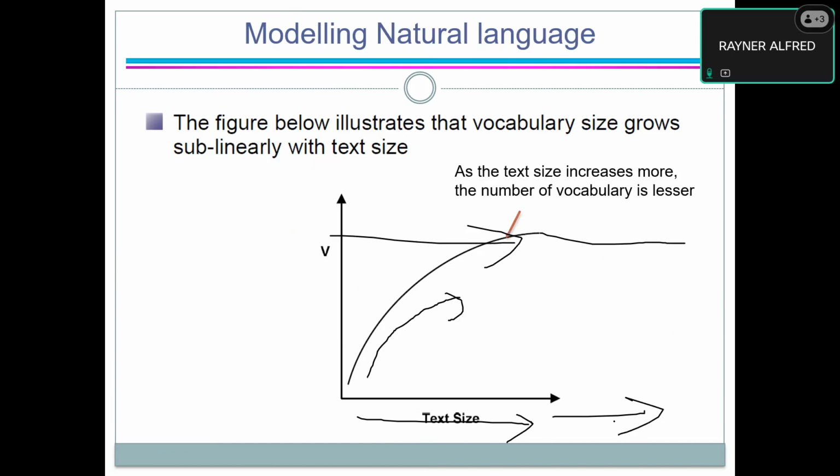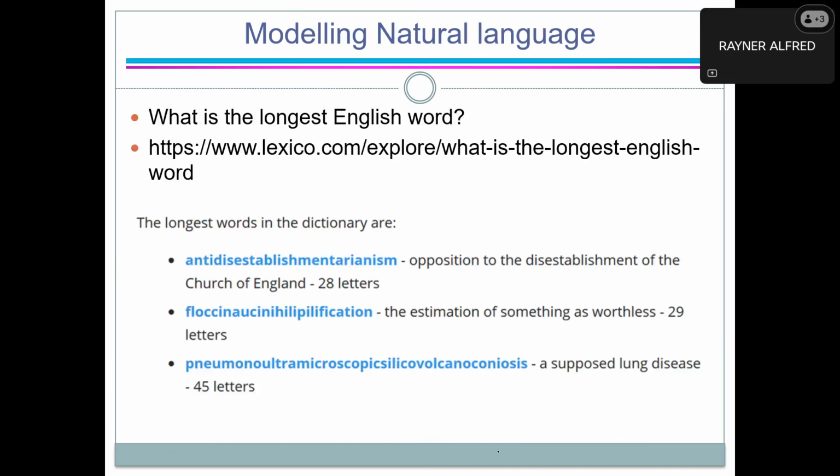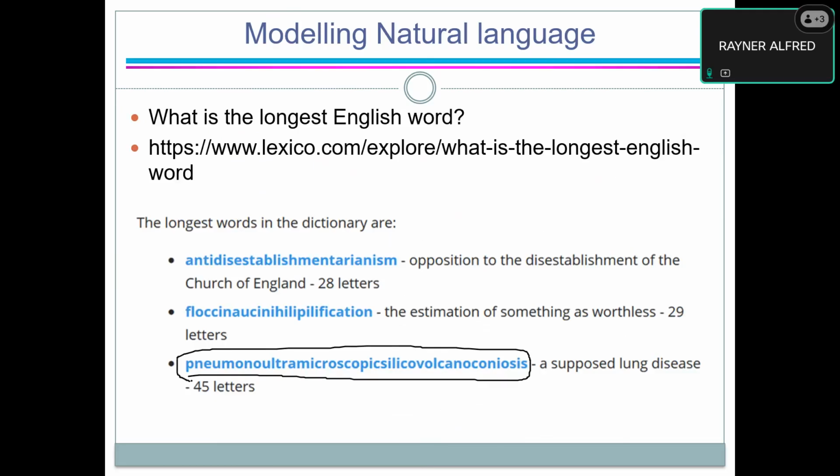For example, here, this one is 45 letters. So when you have a bigger size, that means you can only carry one vocabulary word here. Very limited. But when you have a smaller size, you can form different vocabulary.